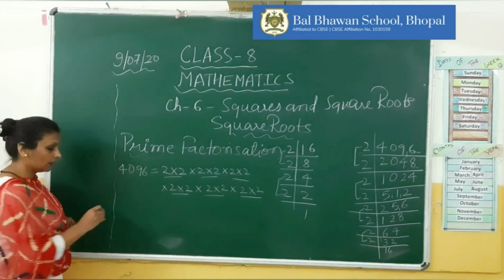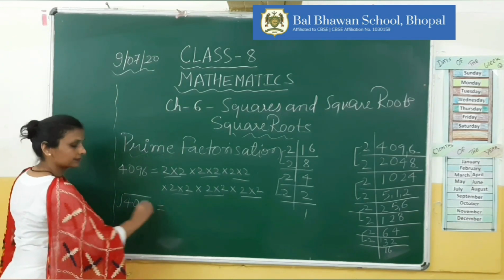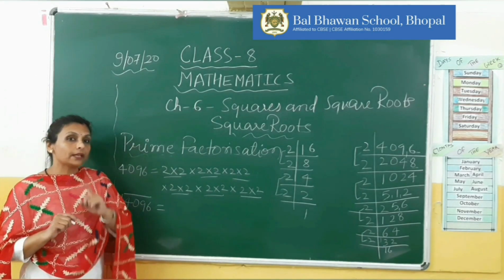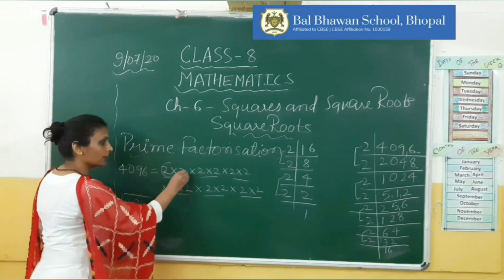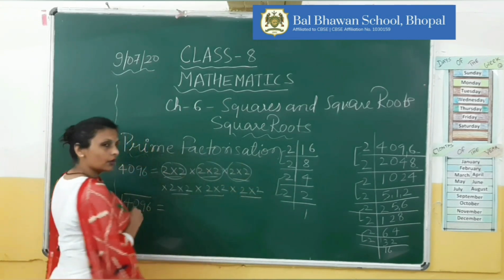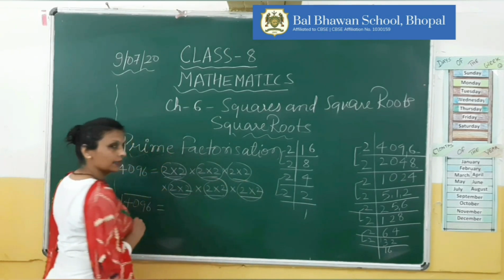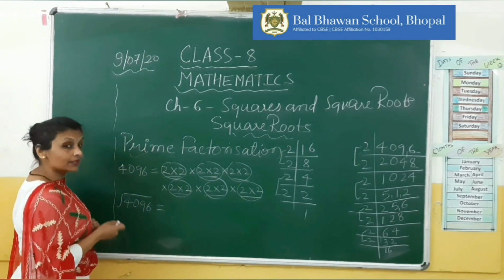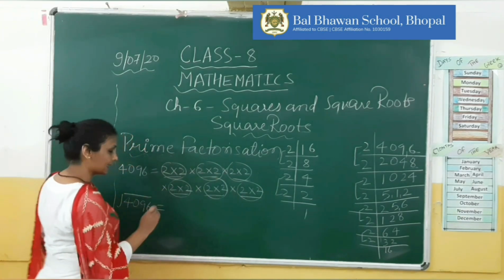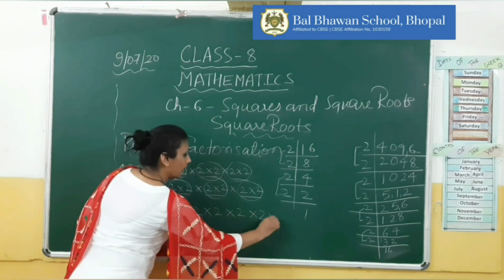Now what to do? We'll put the square root with this number 4096. Right? We will take one number from each pair. Don't forget. Right? So 2 from this pair, 2 from this pair. Just like this, 1 2 from each pair. So how many times we have to write down 2? 1 2 3 4 5 6.